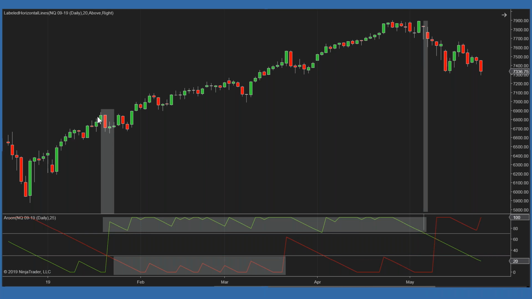So just an incredible move from down here to up here. And of course, you could have used other tools to protect even more profit, but even if you didn't, that's a crazy strong move right there. 700 points.